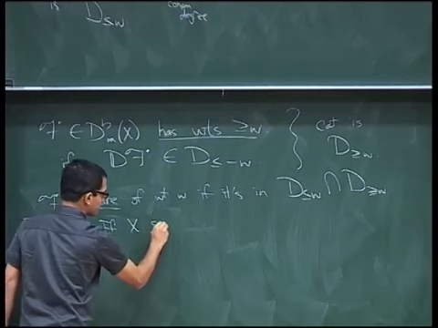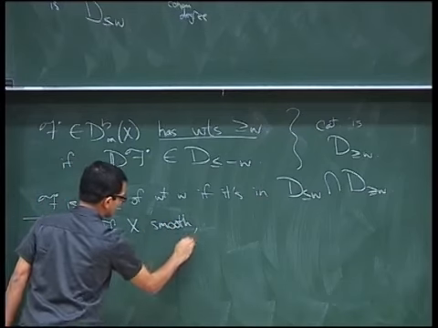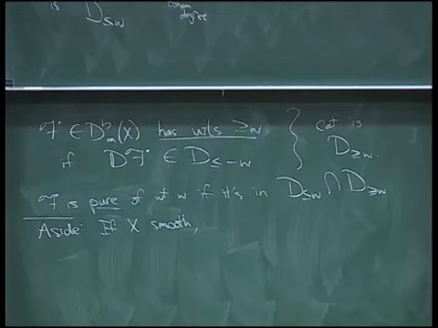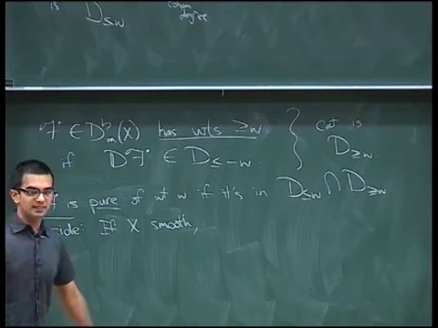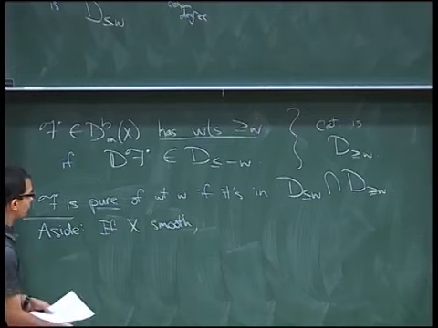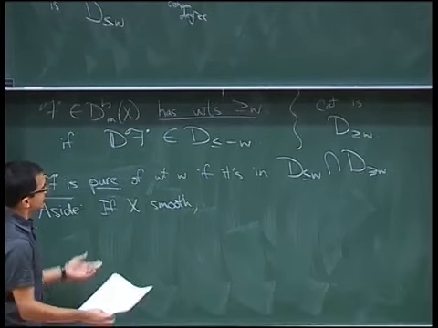If X is smooth, then Verdier duality and Poincaré duality work a lot better than if X is not smooth.